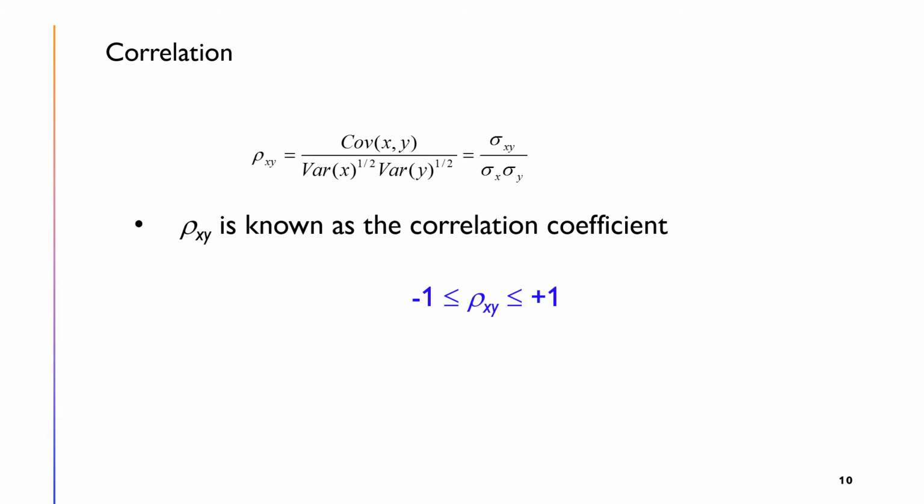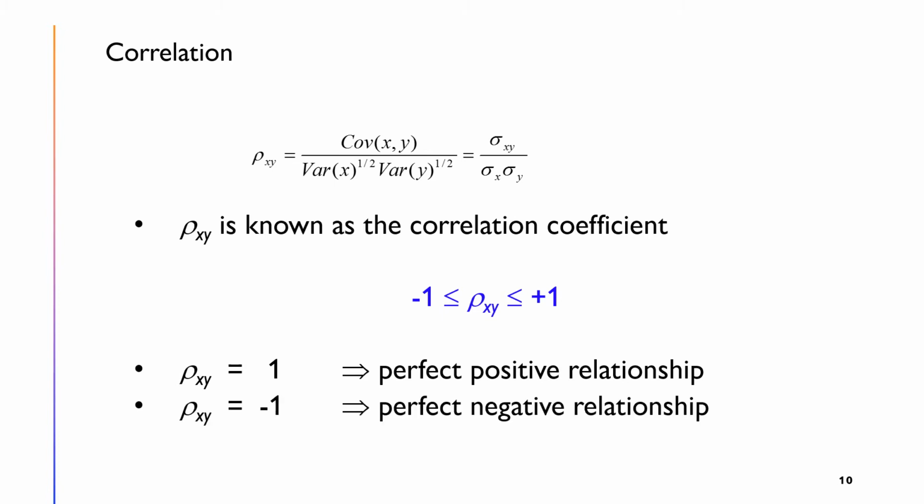If the series vary in opposite directions, they are negatively correlated. A value of +1 indicates a perfect positive linear relationship between two variables. A value of -1 indicates a perfect negative relationship between the two returns.